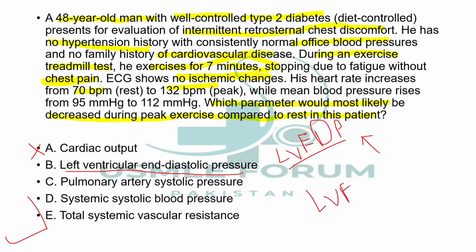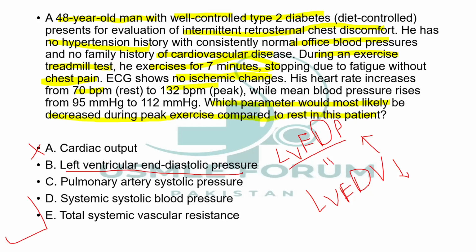LVEDV, which is the left ventricular end diastolic volume, is lower in that situation. But in normal situations, these both are equal physiologically. You can say that the amount of blood in the heart is equal to the left ventricular end diastolic volume, which is equal to the left ventricular end diastolic pressure.